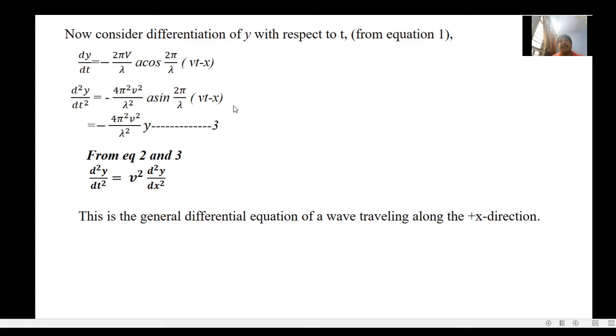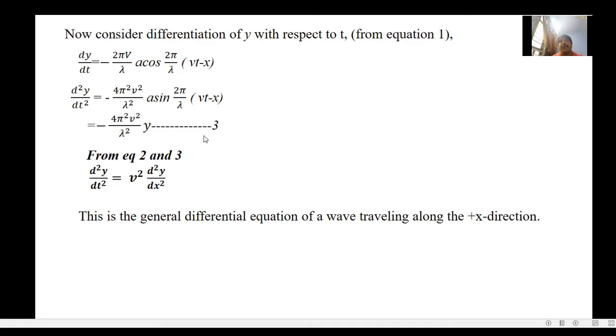Again, a sin[(2π/λ)(vt − x)] is replaced by the term y. Therefore, this equation becomes d²y/dt² = −(4π²v²/λ²) y.